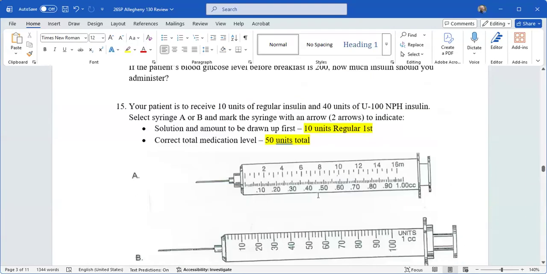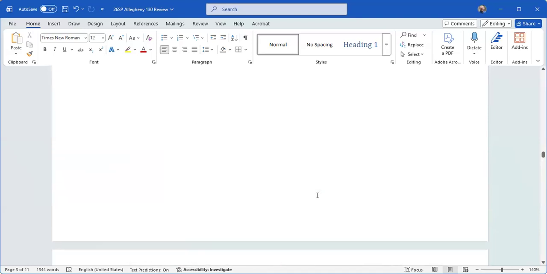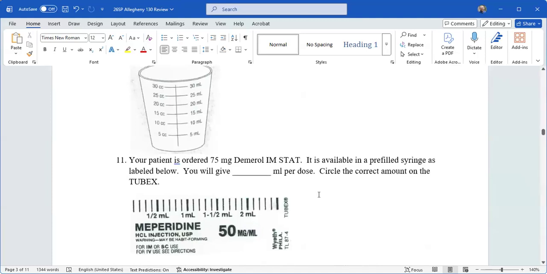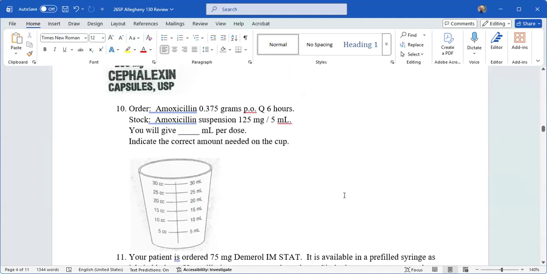When you're marking a cup or a syringe, they just want you to mark your answer. The first thing to know is that the answer is going to be on the cup or on the syringe, so it gives you a little bit of a clue. For this question, the order is amoxicillin 0.375 grams.